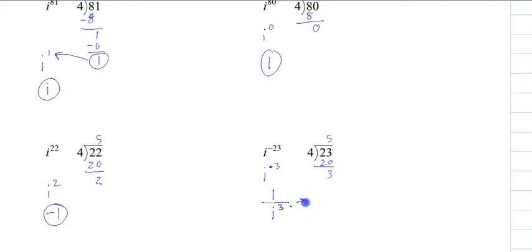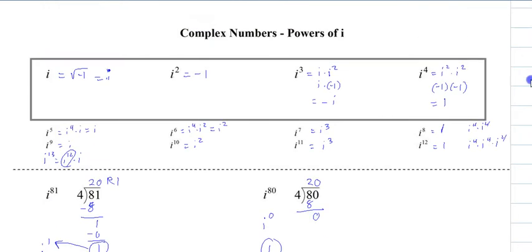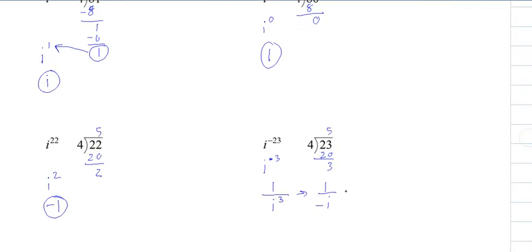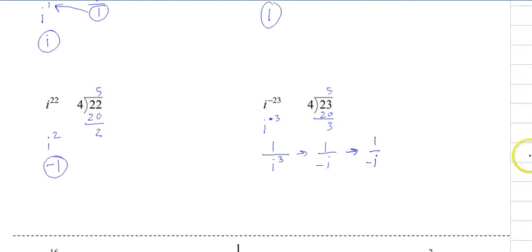So now that we have that, we can flip it and then simplify. And we know that i cubed is negative i. We can go back up there. And that would give us 1 over negative i. Now we don't want an imaginary on the denominator. So what do we have to do? Simplify it. So we multiply top and bottom by i.